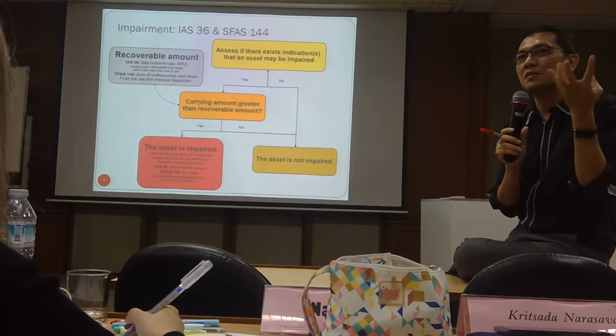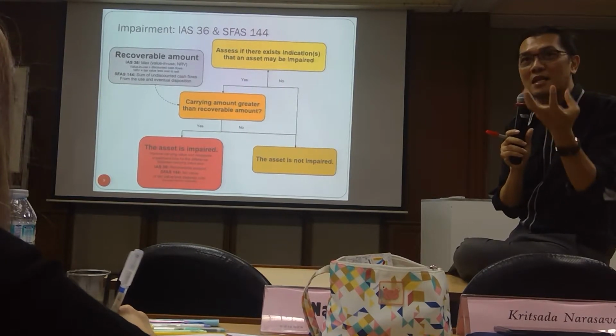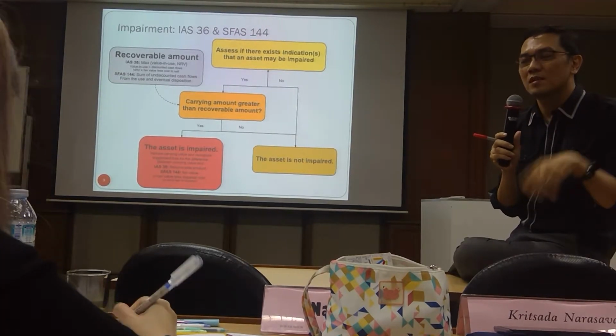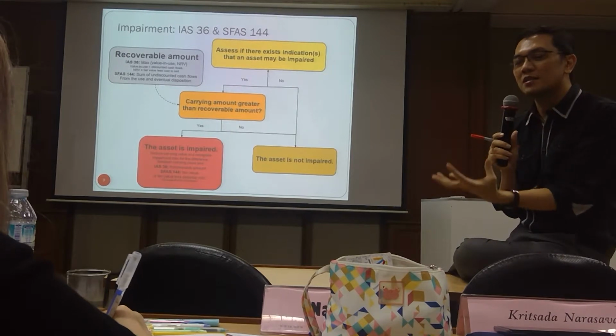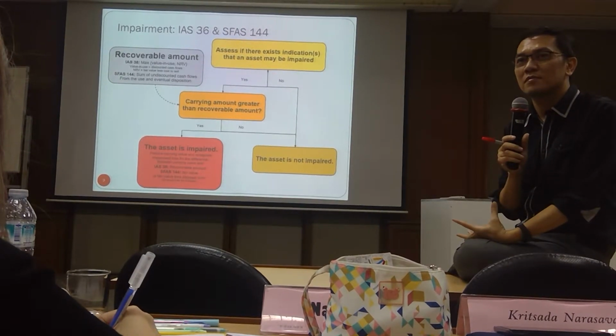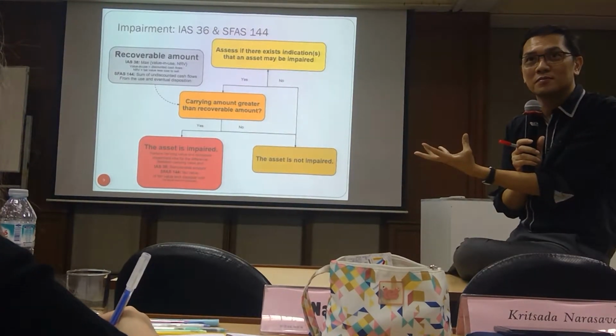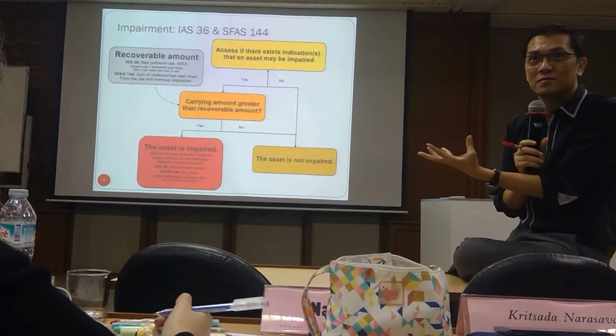Let's go back to inventory to make it simple. The cost of inventory is 100. Let's say I make shirts, my inventory is shirts, and the cost of a shirt is 100. If I want to sell this shirt, the price is 120. This is a market value, not net realizable value.